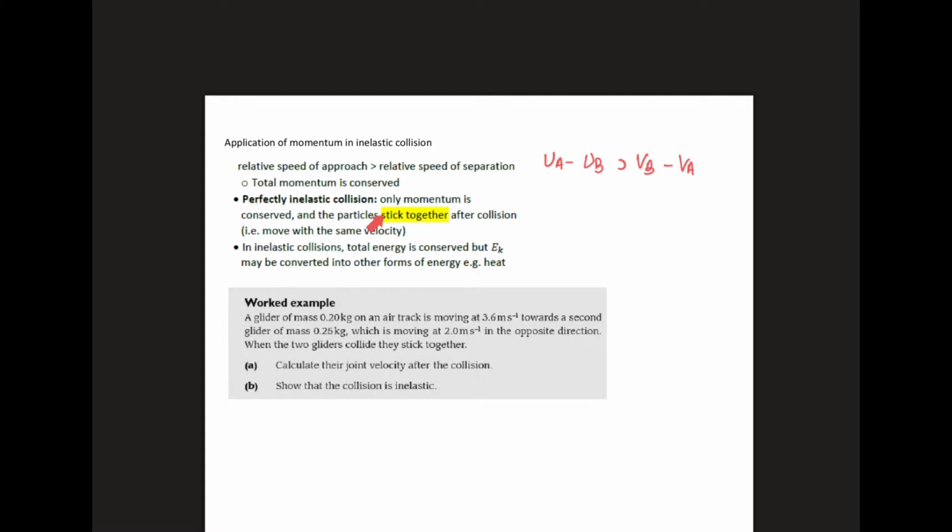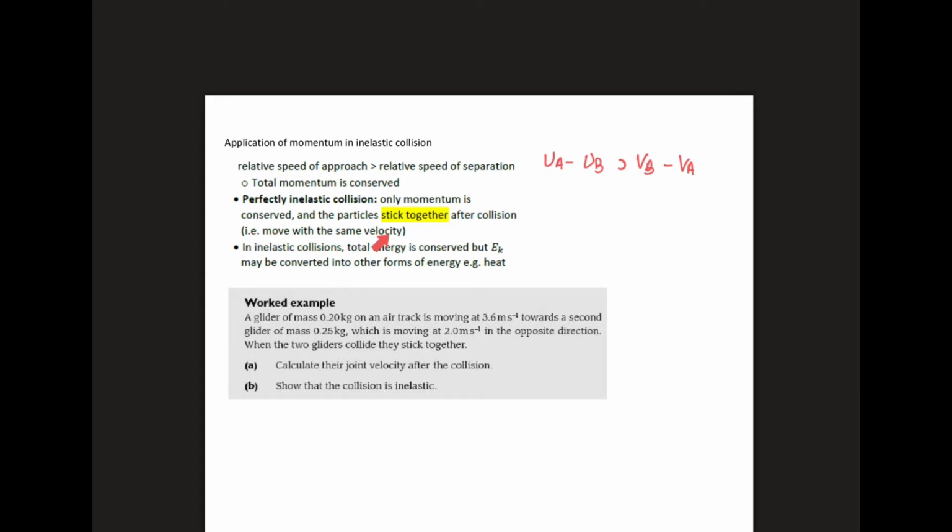Perfectly inelastic collision. This is the one that we mentioned just now. The objects stick together after collision. Only momentum is conserved. Kinetic energy is not conserved, and the relative speed of approach is going to be more than the relative speed of separation. The particles stick together after collisions, that means they move with the same velocity.